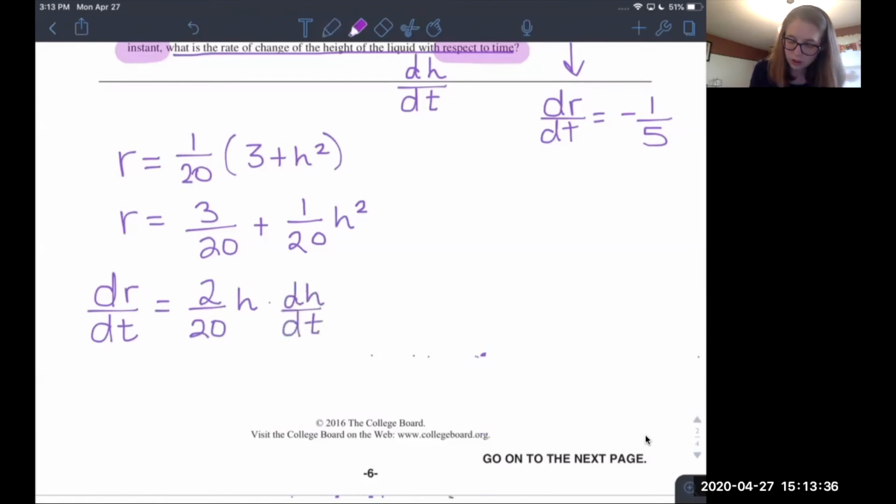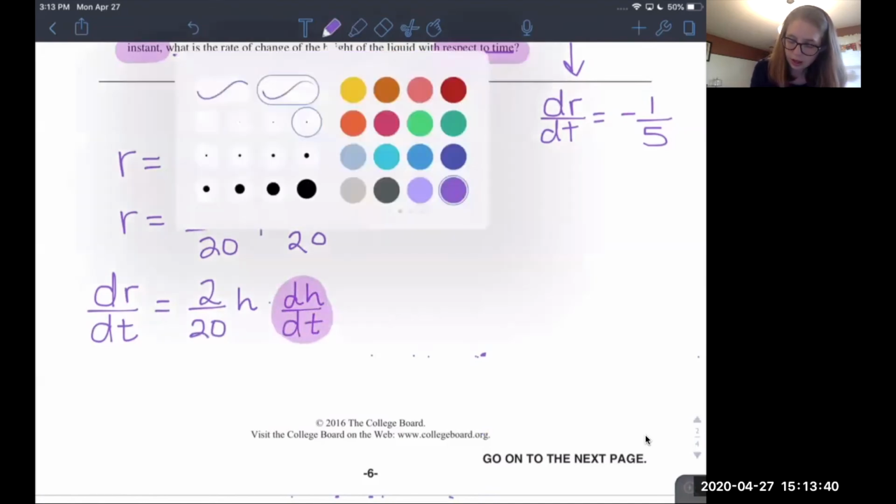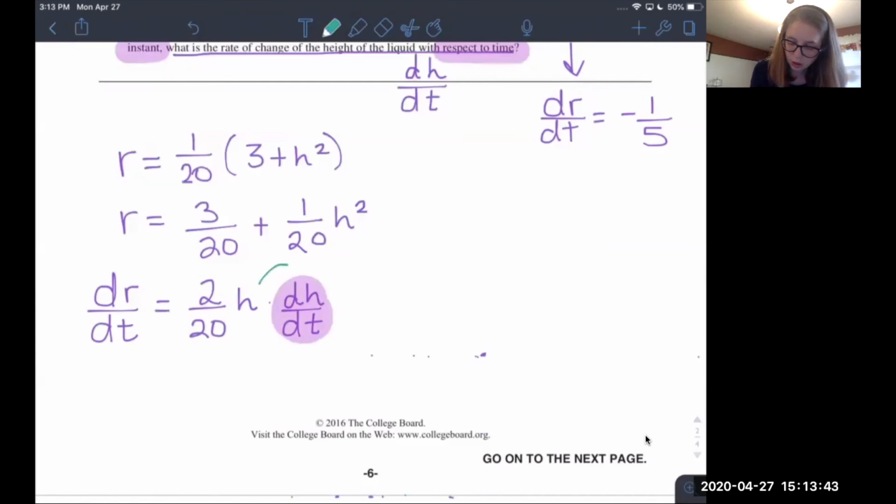Now this is what I have to solve for. I know that h is 3 because that was given in the problem, and I also know that dr dt is negative 1/5 because that was given in the problem, again remembering that negative because it was decreasing.